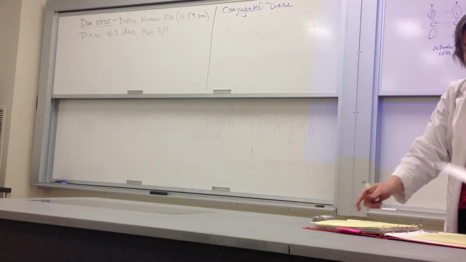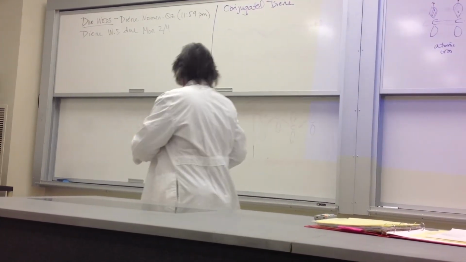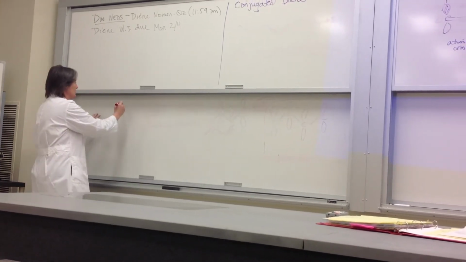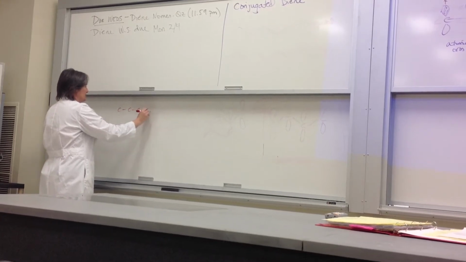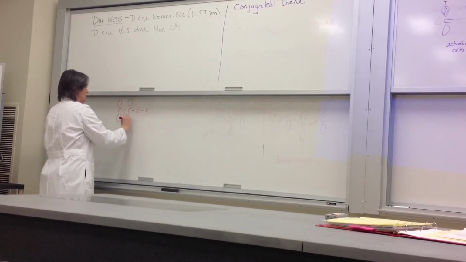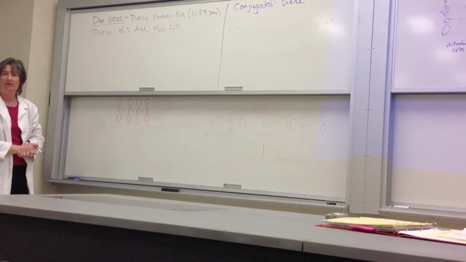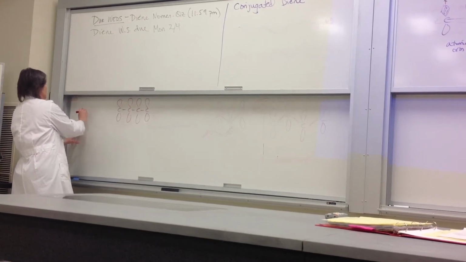We are going to try to decide how I'm going to draw it. Ugh, it's going to be hard. Let's just do it like this. There's butadiene, and it's based on this molecule right here.